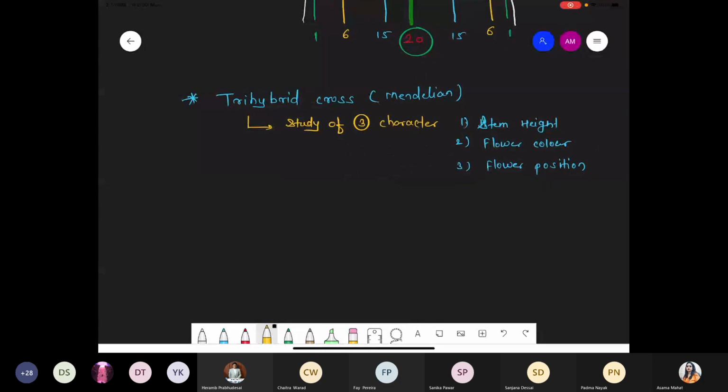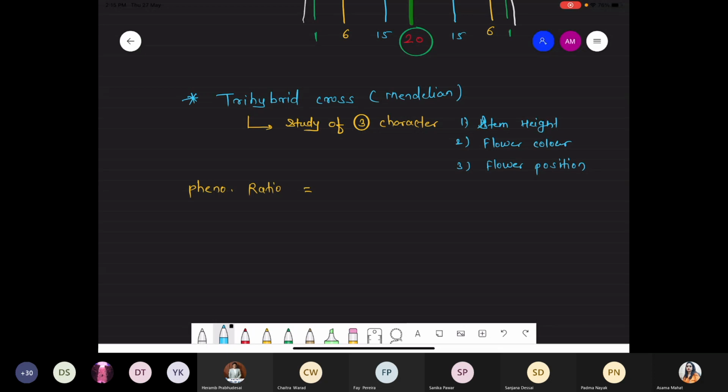Same process: one is a completely dominant parent, another one is a completely recessive parent, then there is selfing, and in F2 we get the result. First of all we talk about the phenotypic ratio. This phenotypic ratio is a selfing result because we are talking about Mendelian.